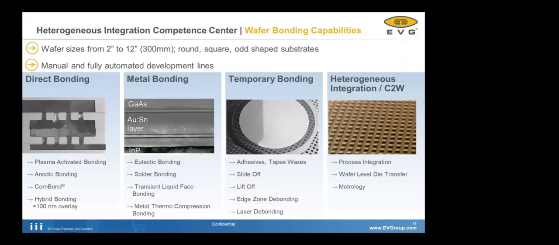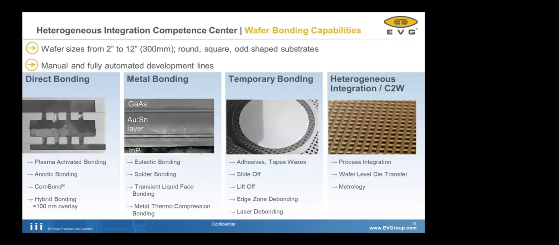This heterogeneous integration competence center uses different wafer bonding capabilities such as direct bonding, metal bonding, temporary bonding, and also heterogeneous collective die-to-wafer bonding, for different wafer sizes from 2 to 12 inch, for fully automated but also manual and semi-automated development lines. This depends on which bond process we are using, and whether fully automated equipment is available or not.